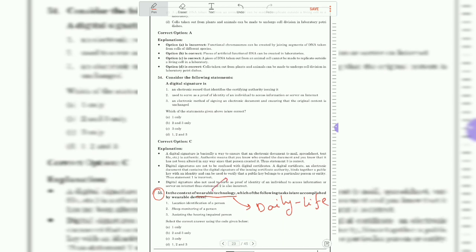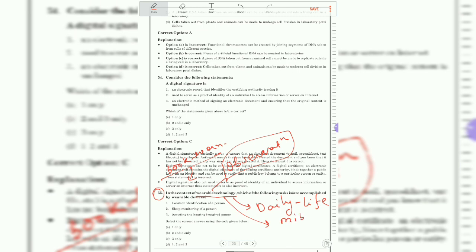They want to check your observation of daily life, because they want you not only to be a bookworm, but a person who is interested to know things around him or her, right? So wearable devices, often there are some watches, right? MI band, fitness bands, Fitbits, right? So based on that, this question was there.